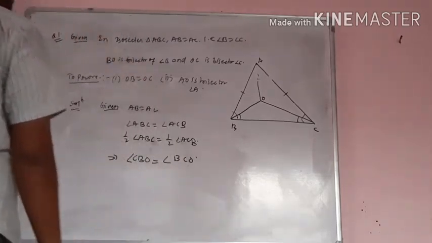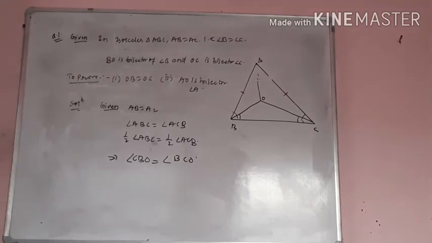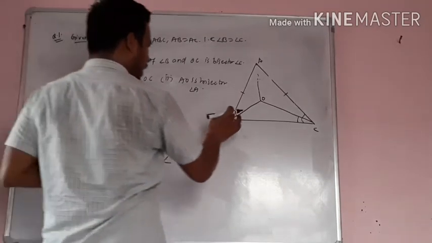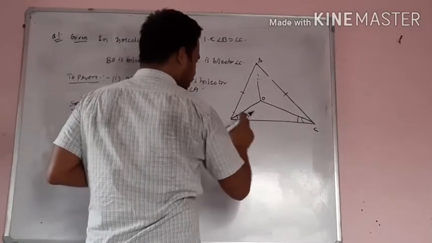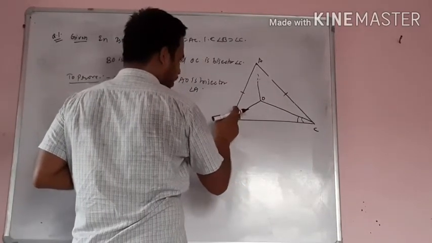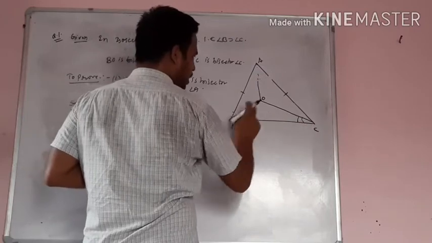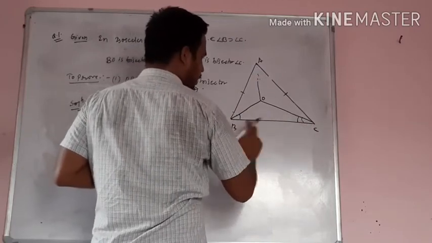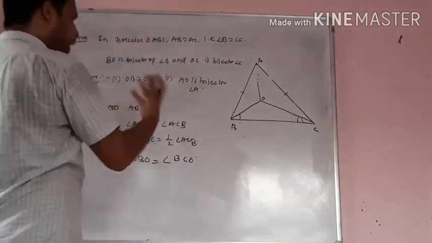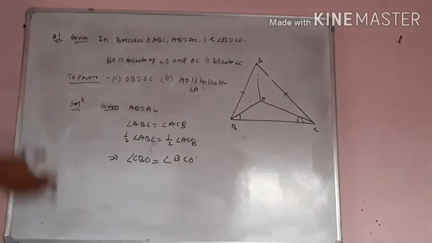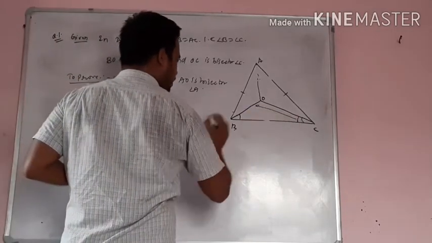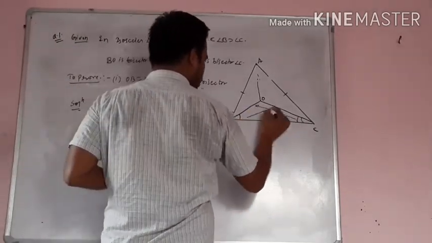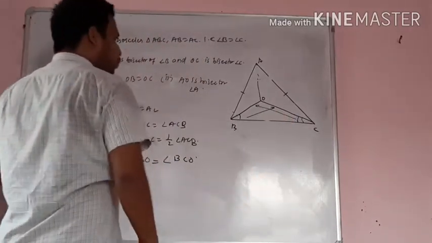So see here, now consider triangle OBC. In triangle OBC, angle CBO and BCO are equal. This implies that when two angles are equal, that triangle is isosceles and the opposite sides will be equal.